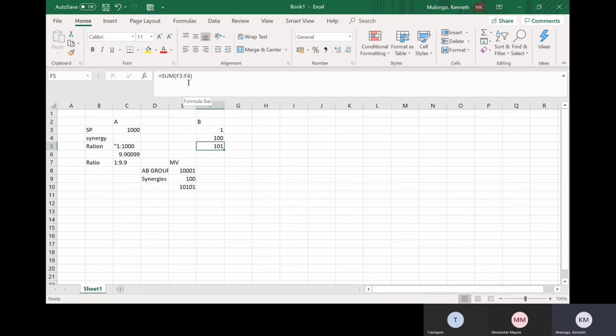Now, because we've added synergies, we know that once A and B come together, 100 Rand per share worth of synergy is going to be created. All of it is responsible, or company B is the responsible party for these shares. That means that company B's share price will increase by those new synergies. So now we've negotiated, now we've moved from 1 to 1000 to 1 to 9.9. Does that make sense?